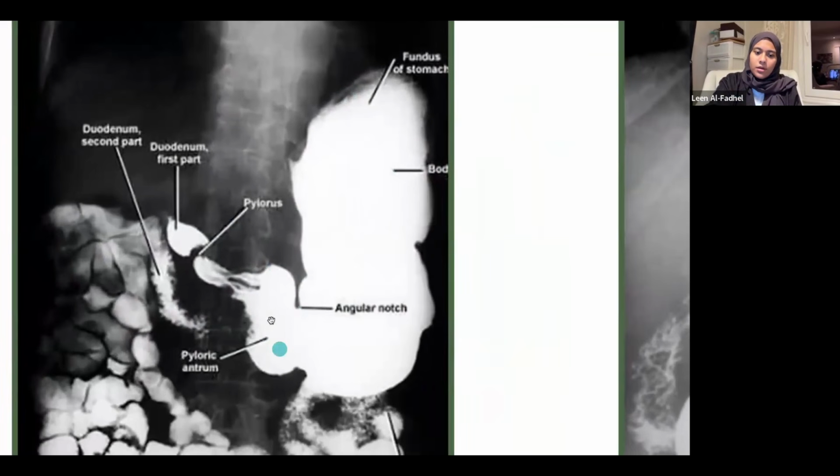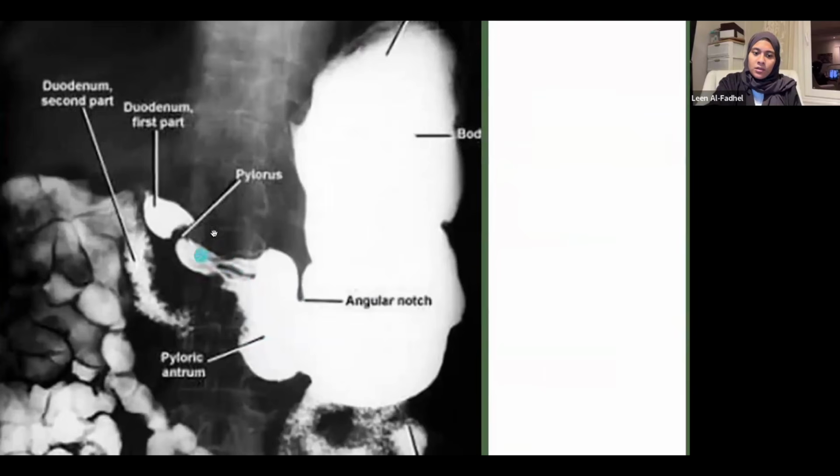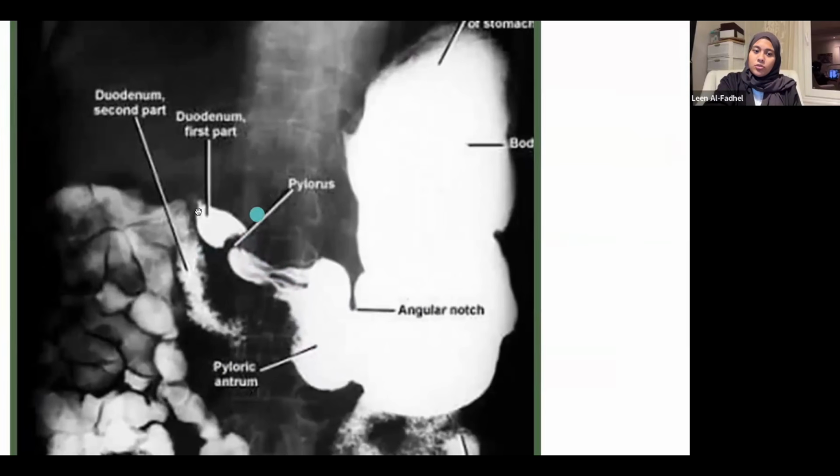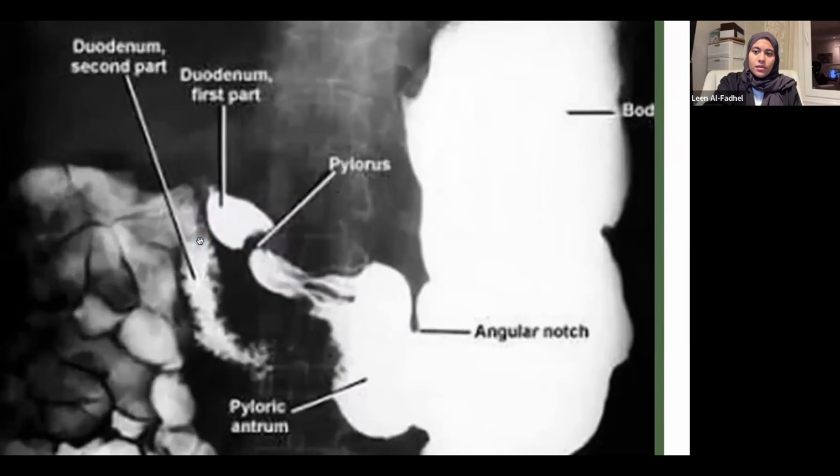In the stomach, we have the pyloric antrum, and then we have the pylorus. When we find the pylorus, what is right next after it? The duodenal first part. Now, this is what I wanted to show you regarding plica circularis. Look at the difference between duodenal first part and duodenal second part.